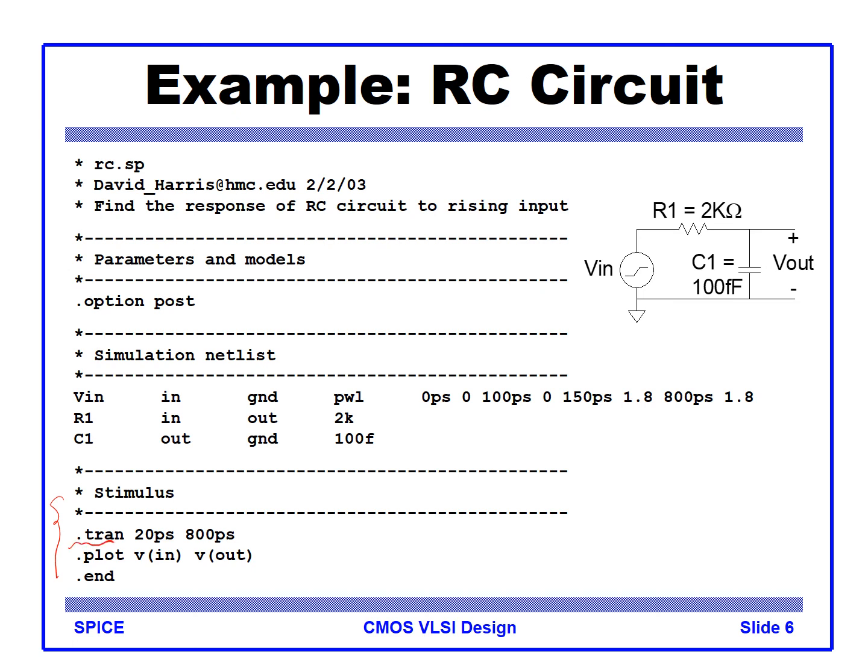It means the transient simulation. 20 picosecond is the time step, and 800 picosecond is the simulation period, the simulation time. So if you run the transient simulation, then every 20 picosecond it evaluates the signal value. Every 20 picosecond, this is the time step, right?